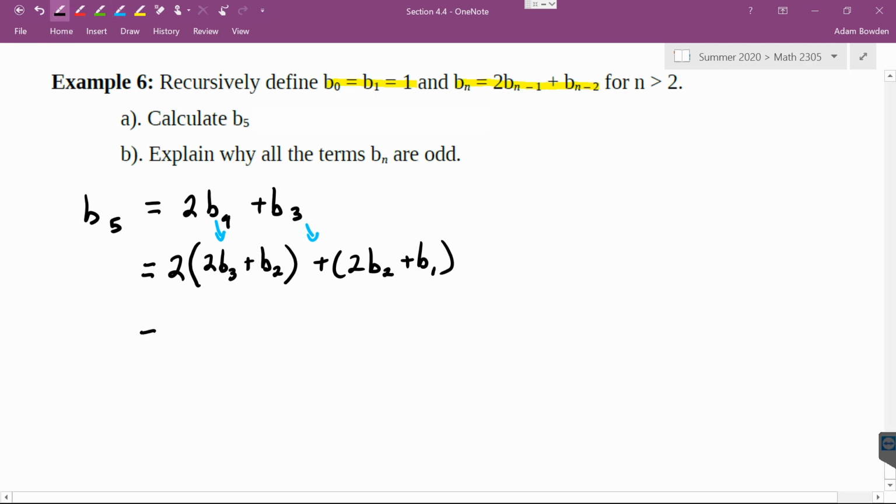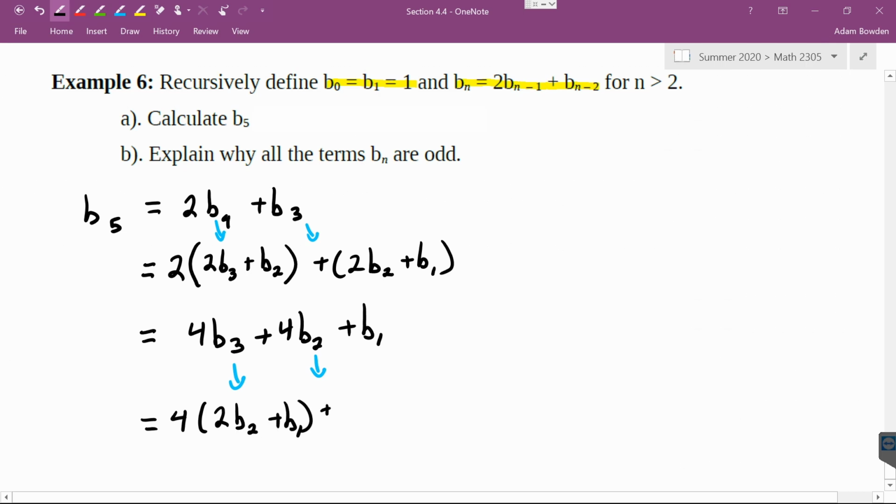Okay, and cleaning this up a little bit, this is equal to 4 b sub 3 plus 4 b sub 2 plus b sub 1. But we need to break down b sub 3 and b sub 2 as well. So here we'll have 4 times 2 b sub 2 plus b sub 1, plus 4 times 2 b sub 1 plus b sub 0, all plus b sub 1.